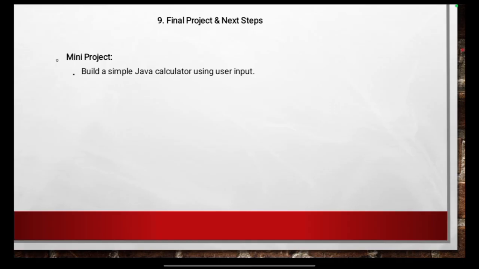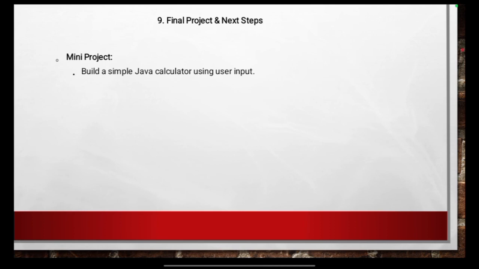A switch statement is then used to determine which calculation to perform based on the user's choice. Each case in the switch handles a different operation, performing the calculation and printing the result. For example, if the user selects plus, the program adds the two numbers and displays the result. If the user tries to divide by 0, an error message is shown to handle the exception safely.